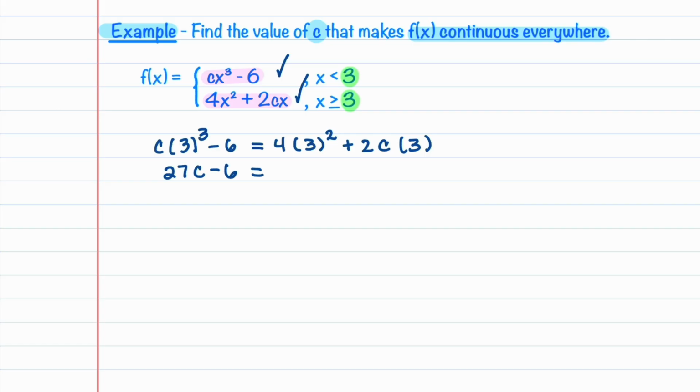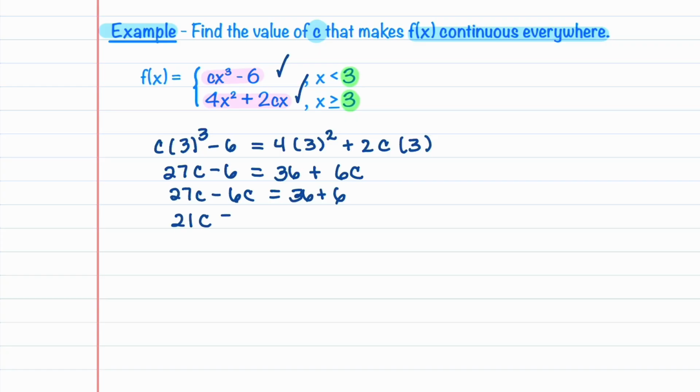And on the right, we have 3 squared, which is 9, times 4 is 36, plus 2 times 3 is 6, so we have a 6c. Let's move the c's to the left and the constants to the right. So we have 27c minus 6c on the left and 36 plus 6 on the right. 27 minus 6 is 21.